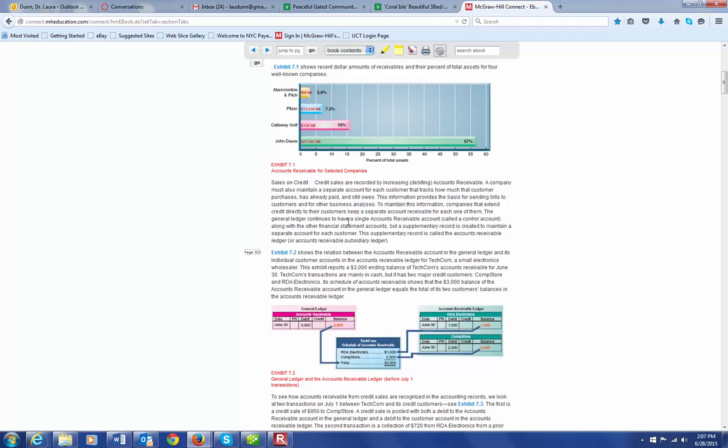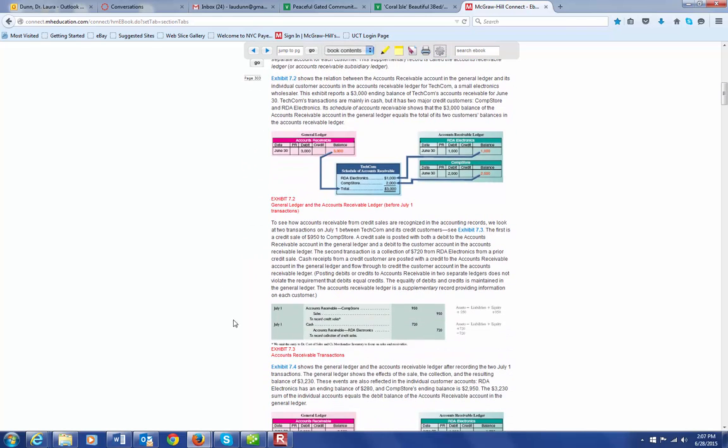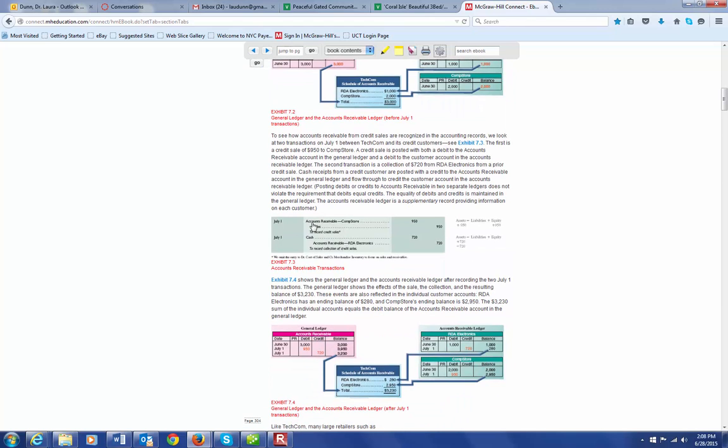Down here is your journal entry that shows accounts receivable is debited and sales is credited.